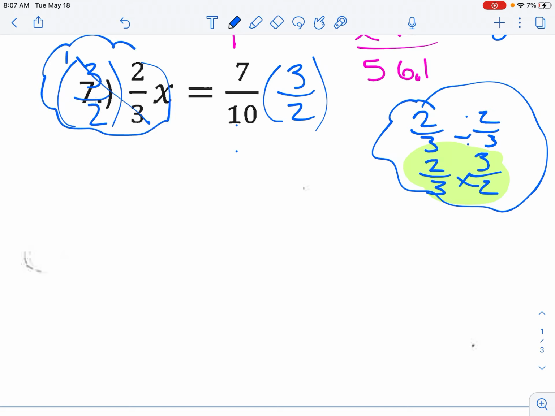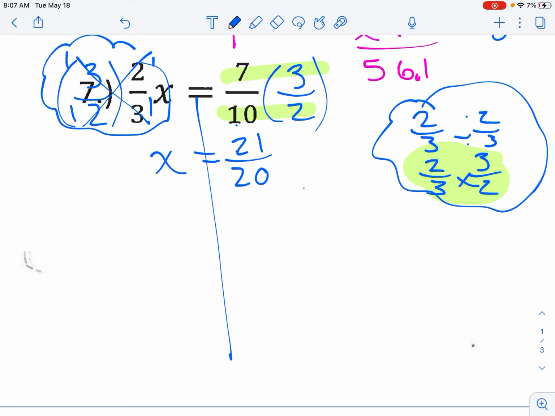My 3's would cancel down to 1, and my 2's would cancel down to 1. So all I have over here is x. On the right side, I cannot cross cancel anything, so I'm going to multiply straight across. So 7 times 3 is 21, and 10 times 2 is 20. Now remember, you're allowed to leave it improper while you're solving your equation.